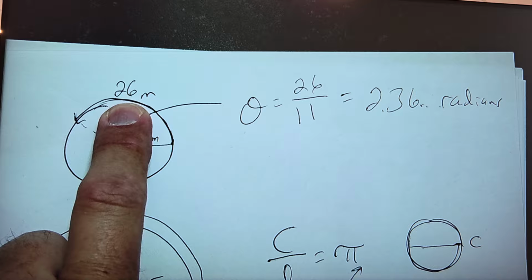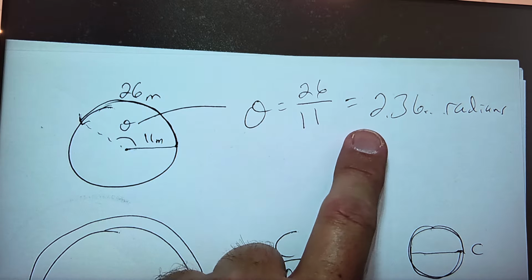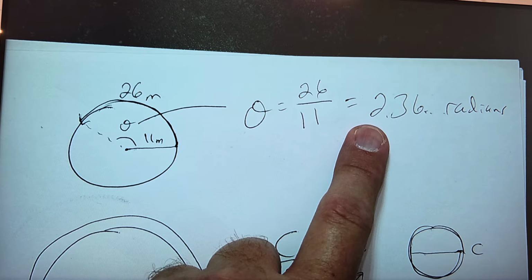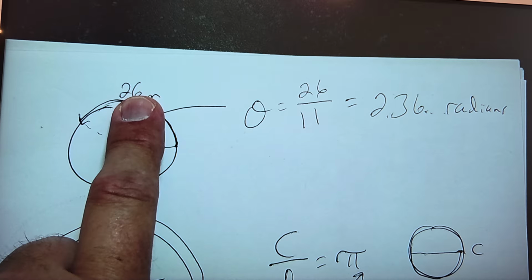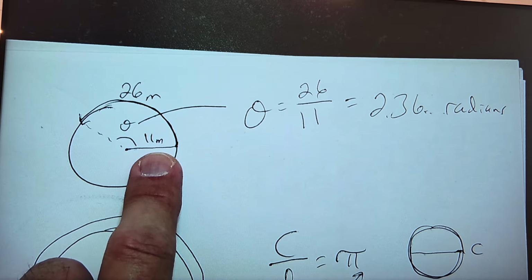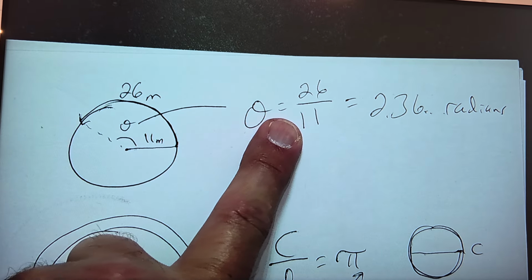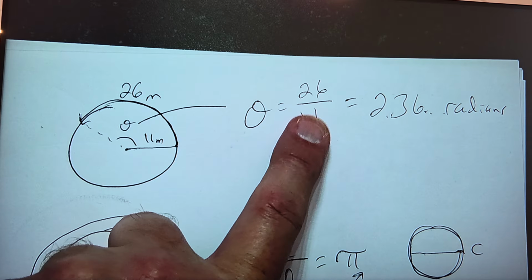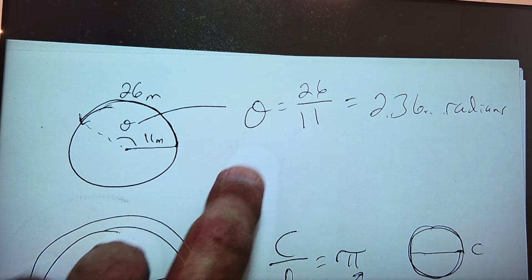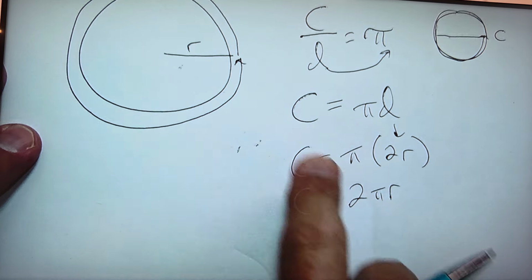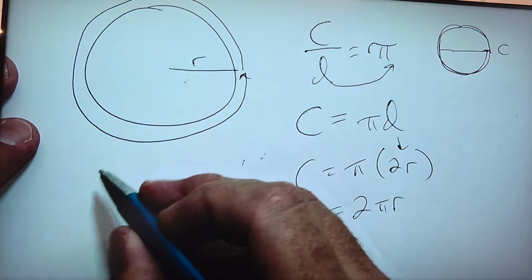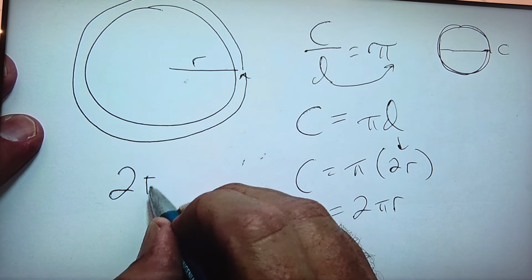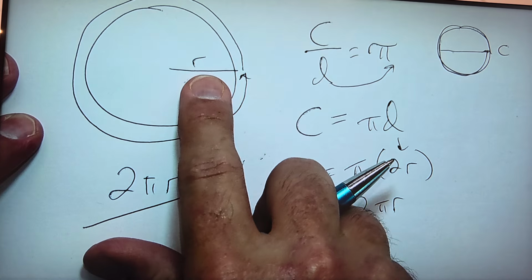So remind me, when we had a problem up here and I told you how far somebody went, how did we figure out what the angle was? We took the distance they went divided by the radius. So here, what did you just tell me? If I walked all the way around, how far did I go? 2 pi r. And how long is the radius?